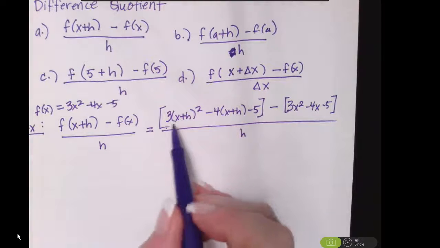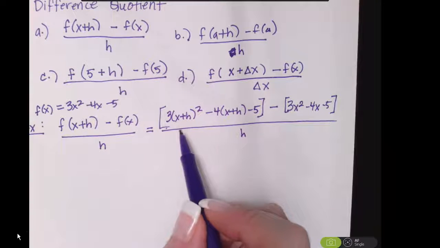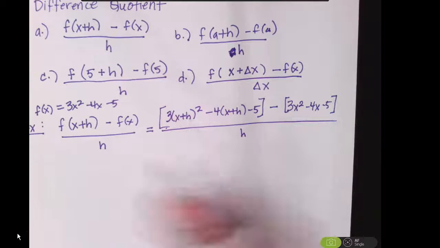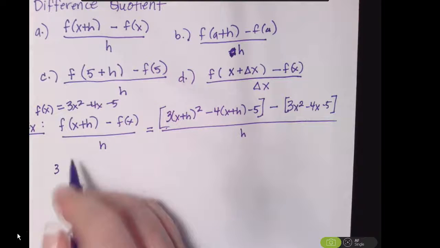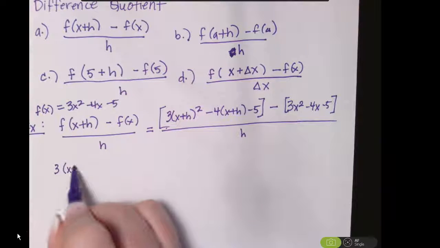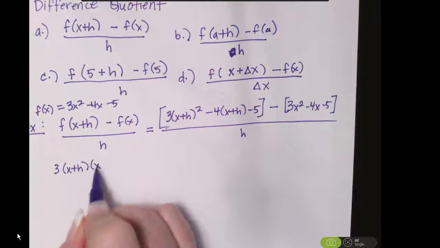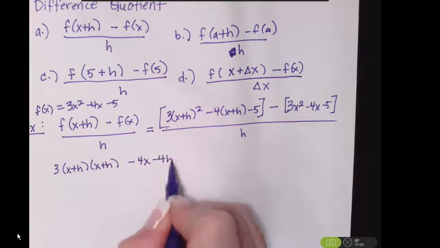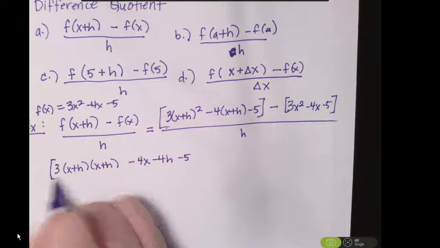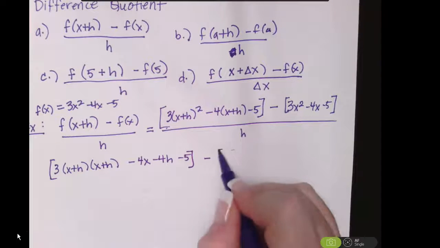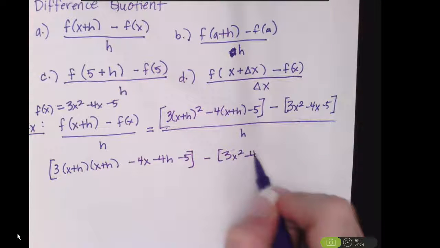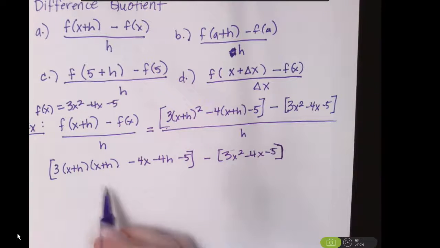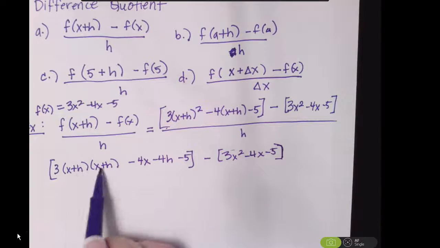So I've already worked this out one time, but let me go ahead and just rework it. 3 times x plus h squared minus 4x minus 4h minus 5. So that's all the first part, minus 3x squared minus 4x minus 5. So ideally you guys will get to where you don't have to write this.